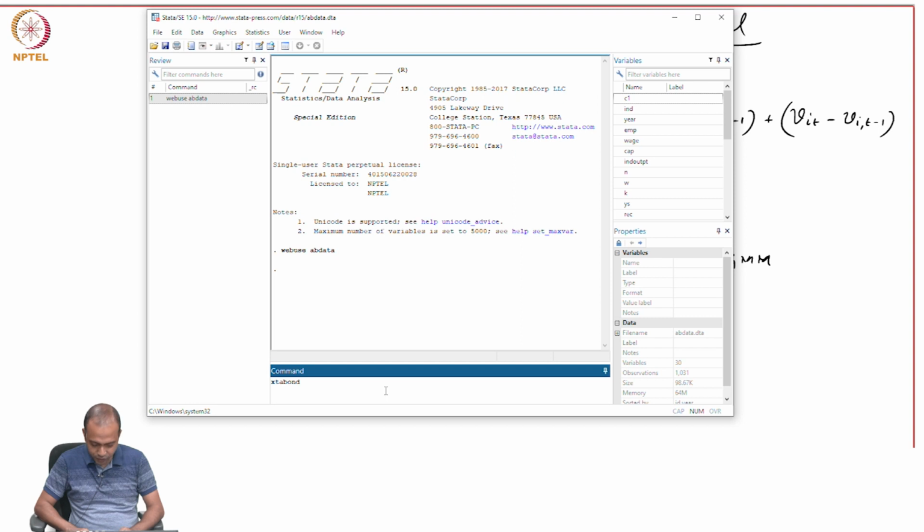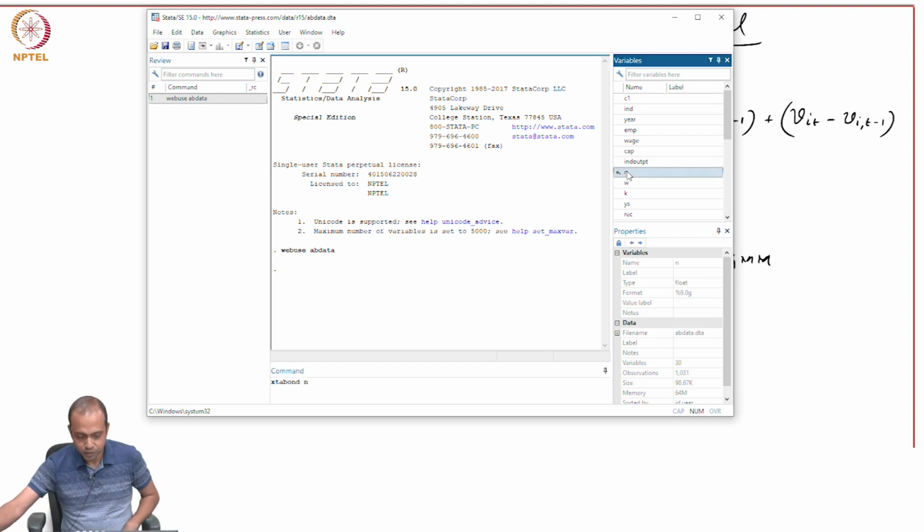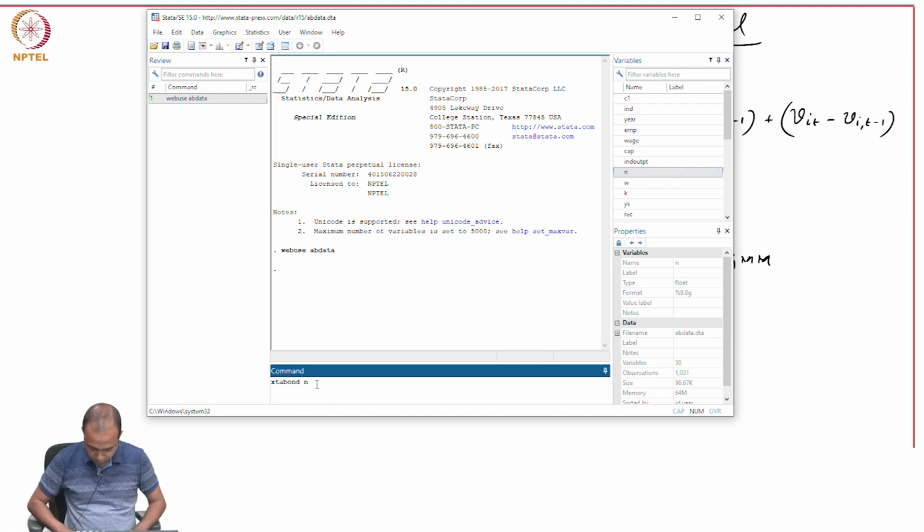Then our dependent variable, which is employment, and after this we need to take lag of several variables.